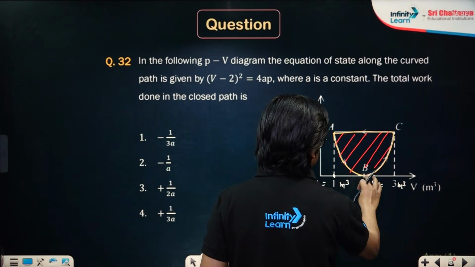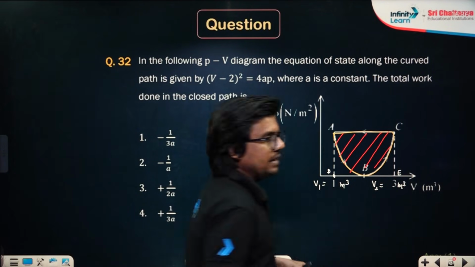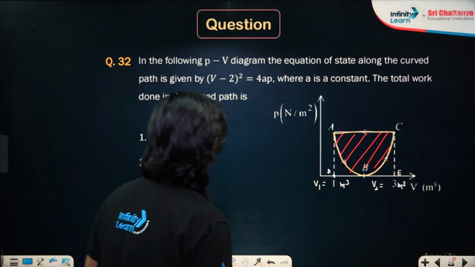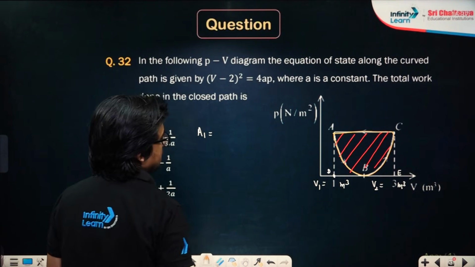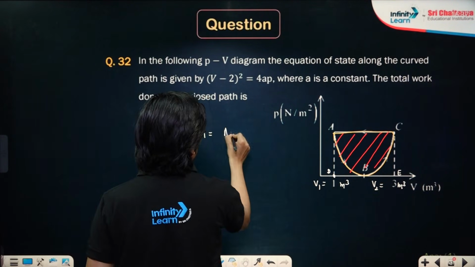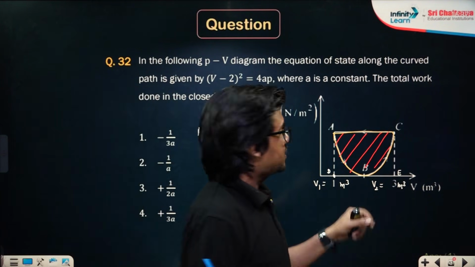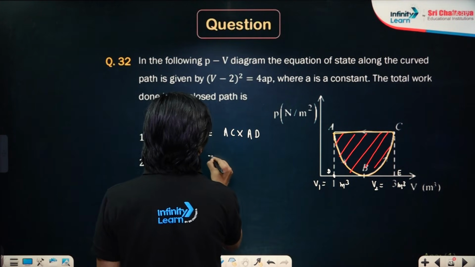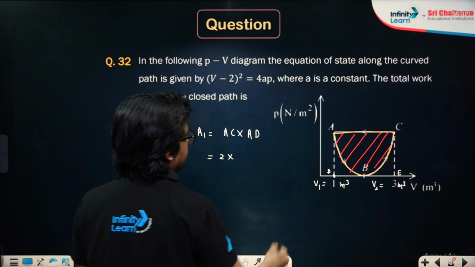This is A, this is C, this is B. Let me take them as D and E. So if you write the area of rectangle ADEC, that area A1 is equal to AC multiplied by the height AD. What is AC? AC is the change in volume, equal to V2 minus V1, which is 2 meter cube. So 2 into AD.